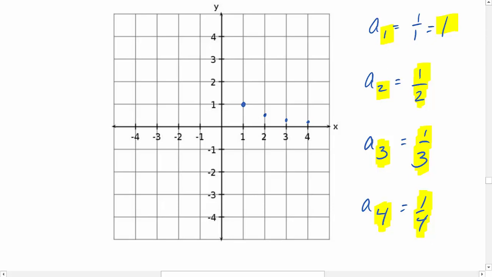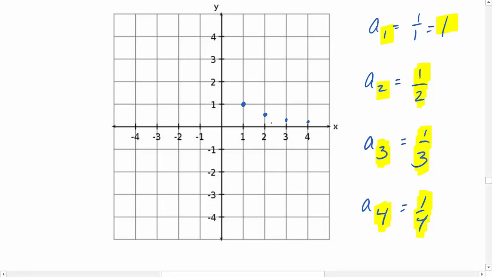Since the domain is only the positive integers, we don't connect these points. If we were to connect them, then we would be indicating that we had x values that were falling in between these integers, and that's just not the definition of a sequence.